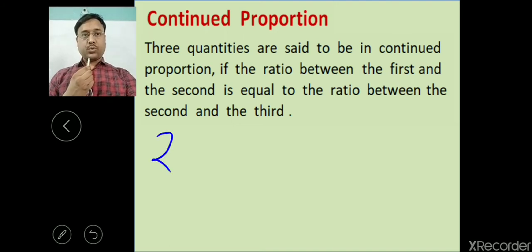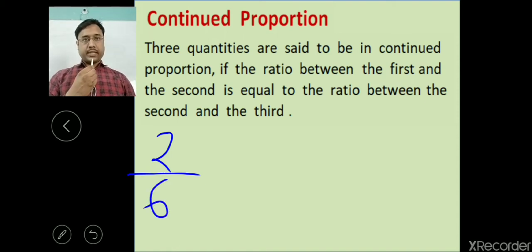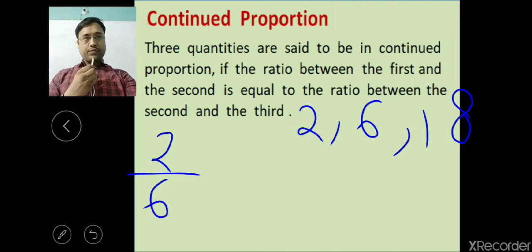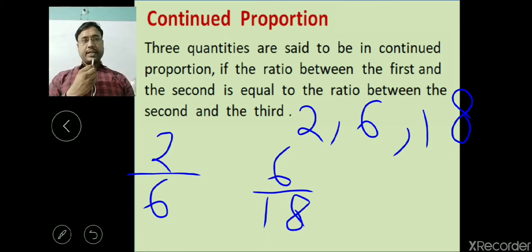For example, if the ratio between 2 and 6, that is 2 by 6, is 1 by 3. Similarly, the numbers are 2, 6, and the third number I can take is 18, because the ratio of 6 and 18 is also 1 by 3, and the ratio of 2 and 6 is also 1 by 3.